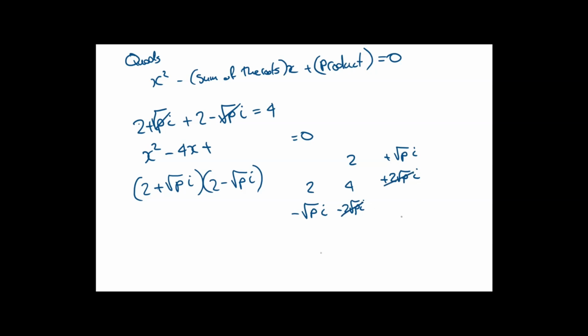And lastly, we have square root p i times minus square root p i, and that's going to be minus p i squared. And we know that i squared by definition is minus 1. So this equals p. So the product of the roots is 4 plus p.